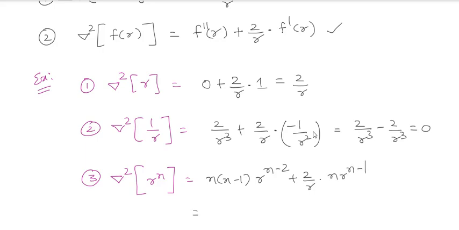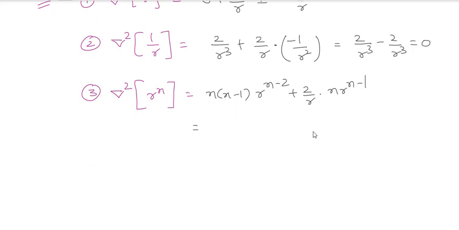If you simplify this, check it out, I am just giving the work for you guys. If you simplify, you will have n into n plus 1 into r to the power of n minus 2. Check it out, try to check it out. This is the simplification, right?